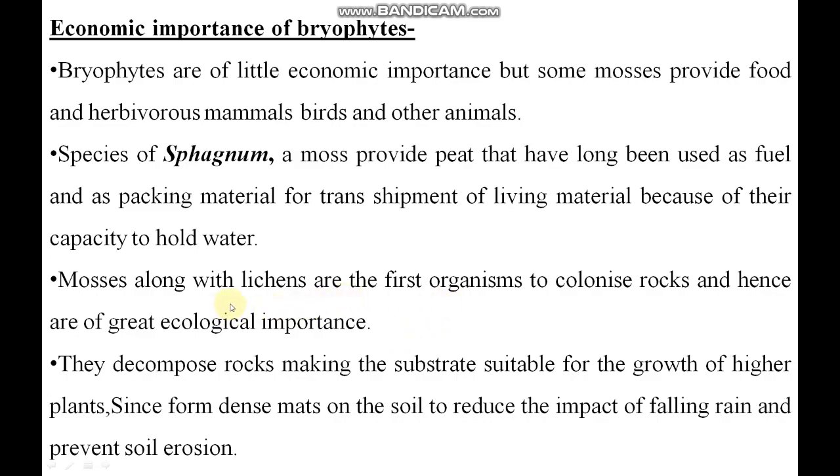Mosses along with lichens are the first organisms to colonize rocks and hence are of great ecological importance. They decompose rocks, making the substrate suitable for the growth of higher plants, and since they form dense mats on the soil, they reduce the impact of falling rain and prevent soil erosion.